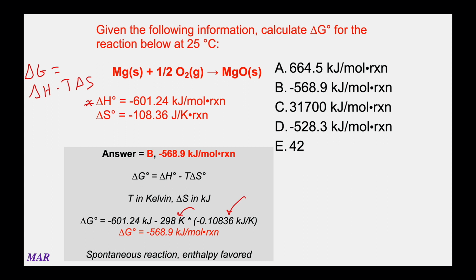And that kind of makes sense because you're going from 1.5 moles of reactant to 1 mole of product. You're getting rid of a gas, which is always entropy favored. Entropy doesn't like this reaction. This is not an entropy-favored reaction. If it was a positive delta S, then you would have an entropy-favored reaction as well. So this one is enthalpy-driven, but not entropy-driven.